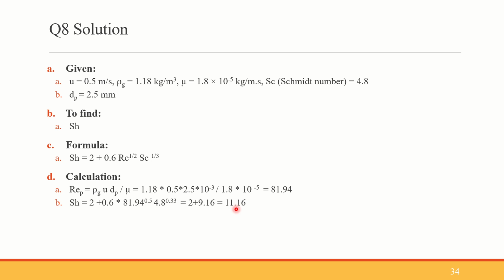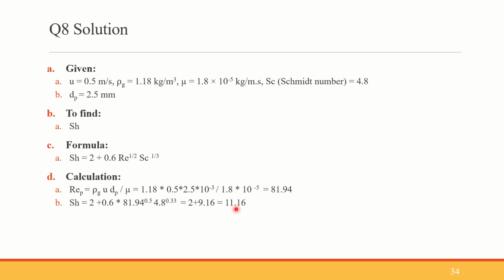So what are we doing here? We are given the fluid flow velocity, the density of gas, viscosity of gas, Schmidt number and particle diameter, and we are asked to find the Sherwood number. Sherwood number is a function of Reynolds number and Schmidt number. We know the Schmidt number because it is given directly, but we do not know the Reynolds number.